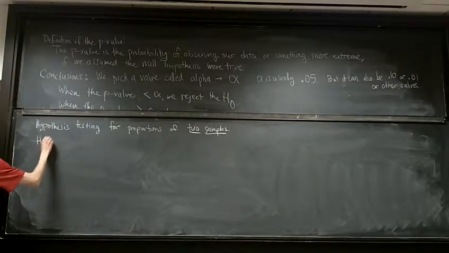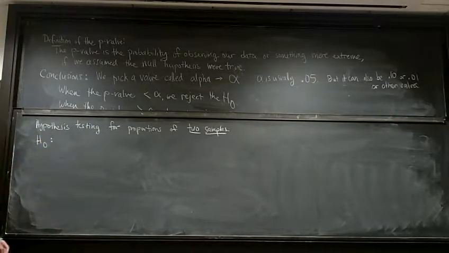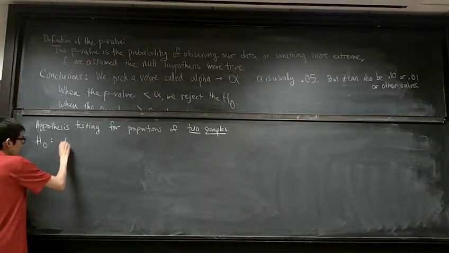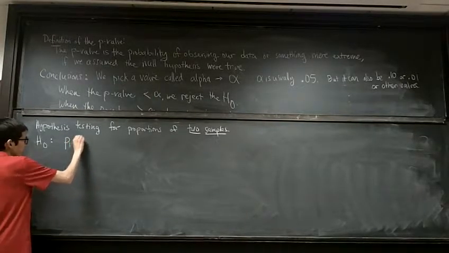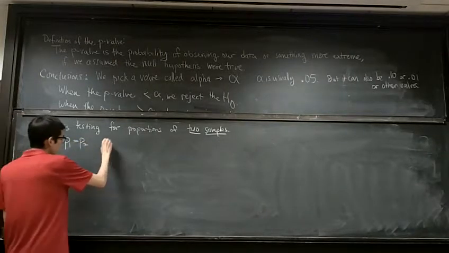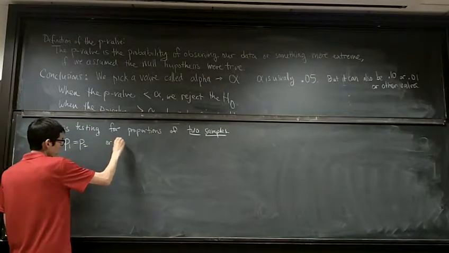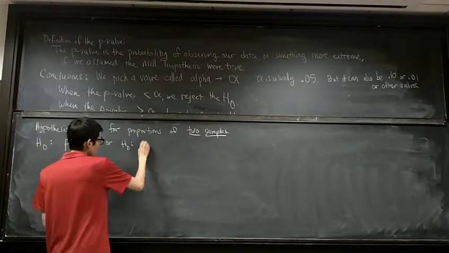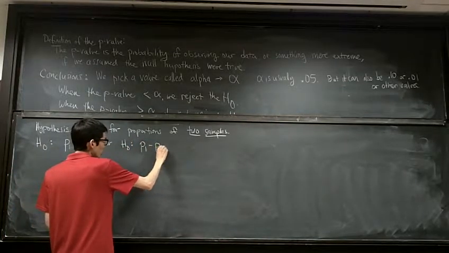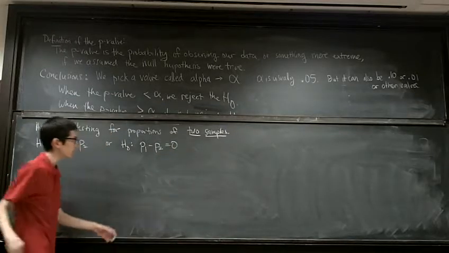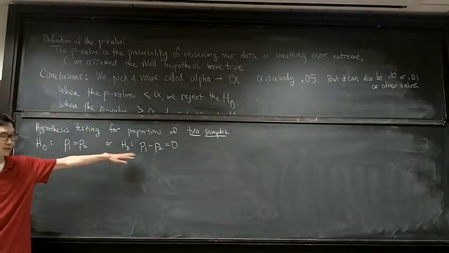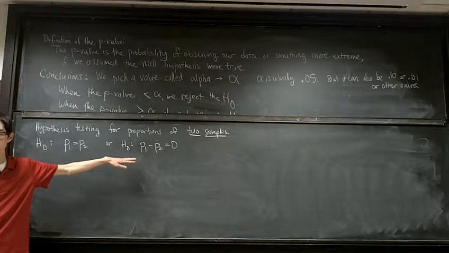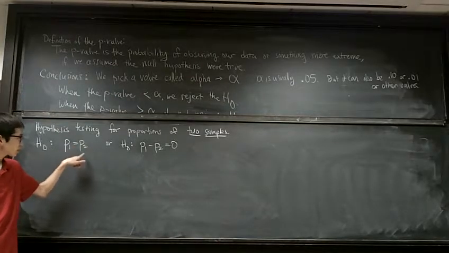The null hypothesis, when you're doing two samples of two proportions, is always going to be P1 equals P2, or it can also be P1 minus P2 equals 0. These are the same exact thing. This one says P1 equals P2.